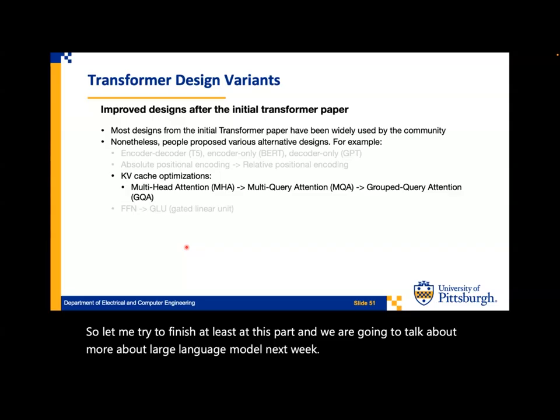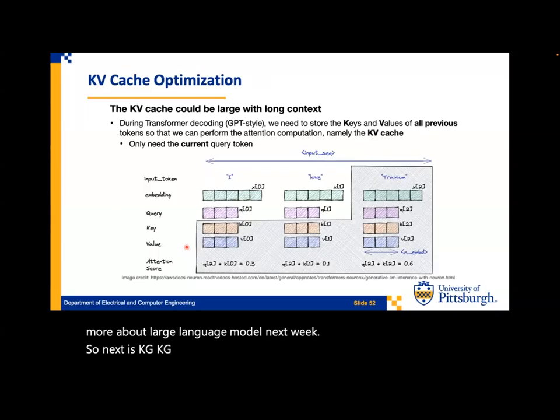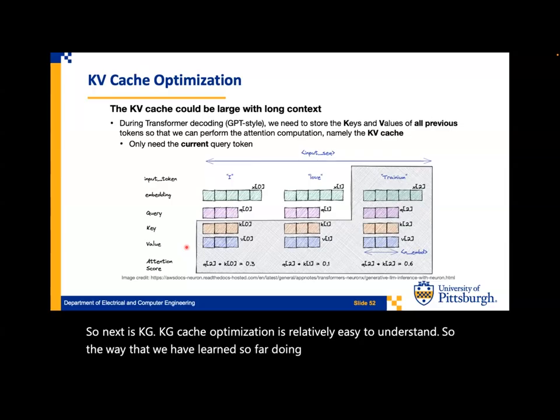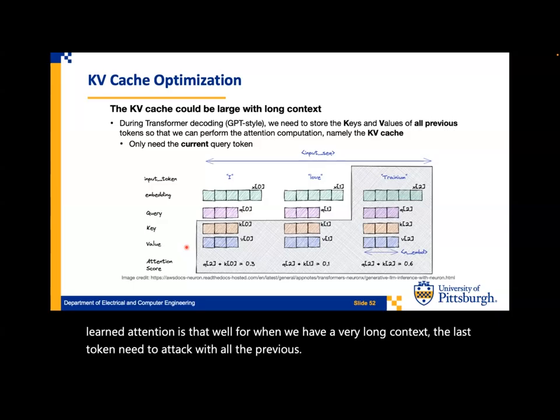So next is KV cache optimization. It's relatively easy to understand. The way we have learned attention so far is that, when we have a very long context, the last token needs to attend to all the previous tokens, right?